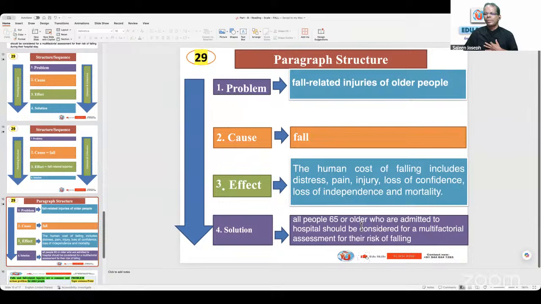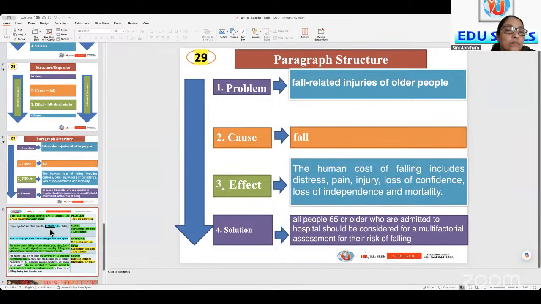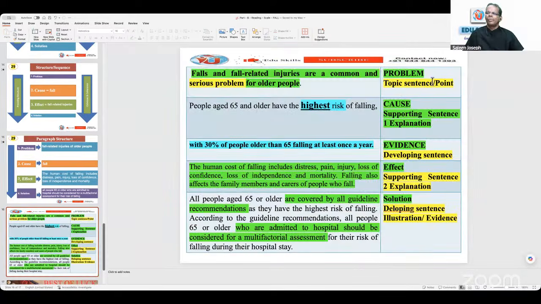Then solution: all people aged 65 or older who are admitted to hospital should be considered for a multifactorial assessment for their risk of falling. See the structure of the paragraph. Problem, cause, effects. What is the solution? Solution. This can be written like this: fall-related problems, topic sentence or the point or the problem.